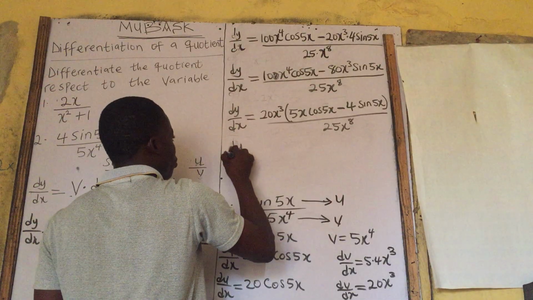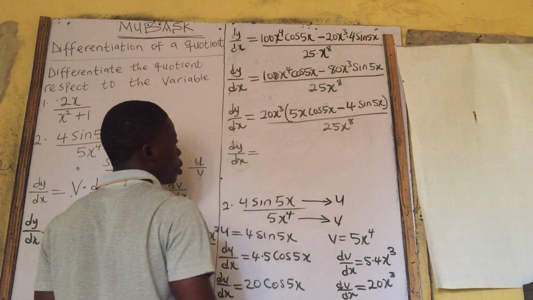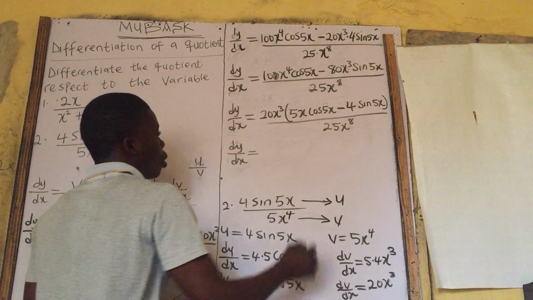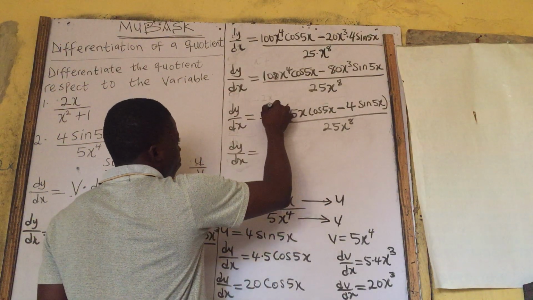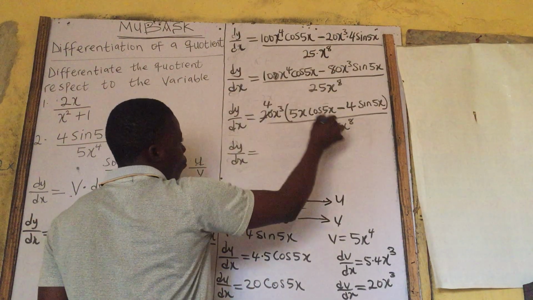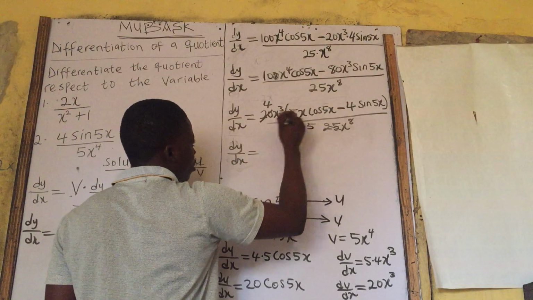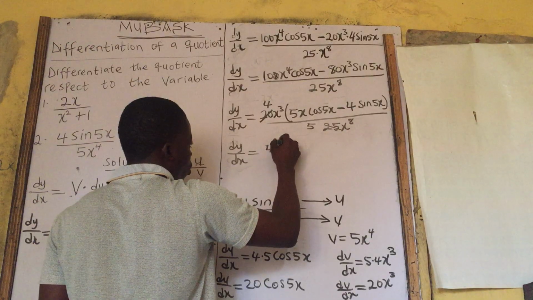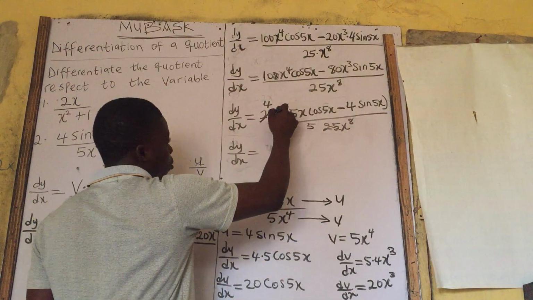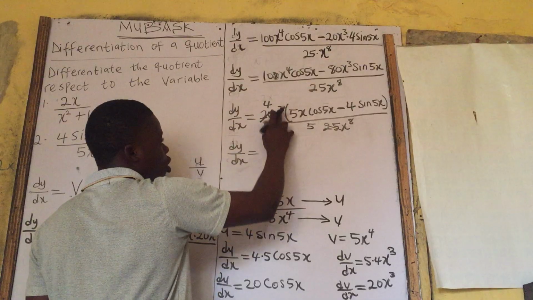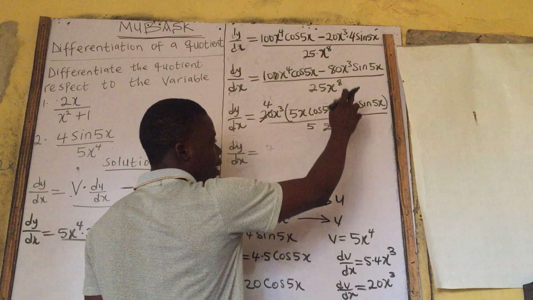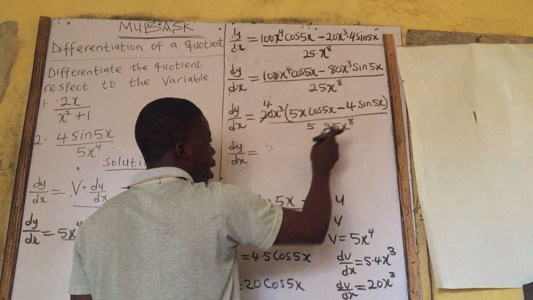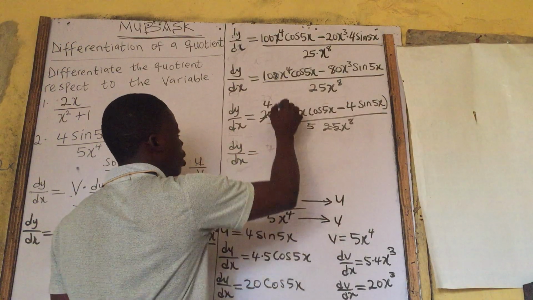Now, dy over dx now equals what? 5 here, 4, 5 here, 5, which is what? 4. Sorry, 3x cubed divided by 8x raised to power 8 will be giving us what?